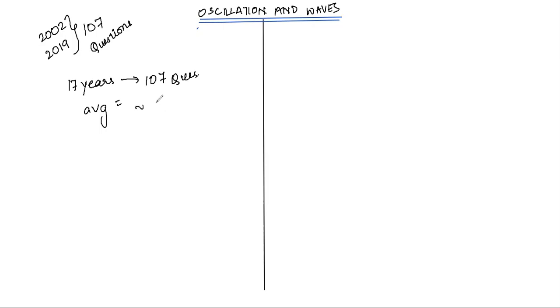So the average exactly comes out to be 6.29, let us take this as 6. So we have nearly 6 questions coming every year from this unit. Therefore, I was telling that this unit is super important and we'll focus on it very well, because every question is earning you a huge amount of credits or marks.